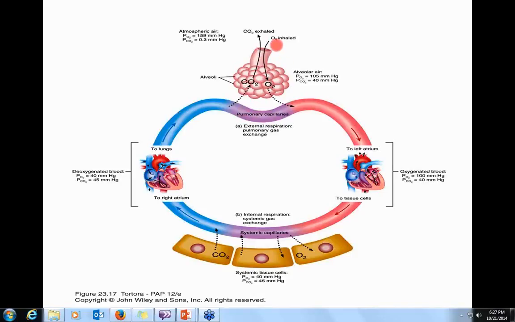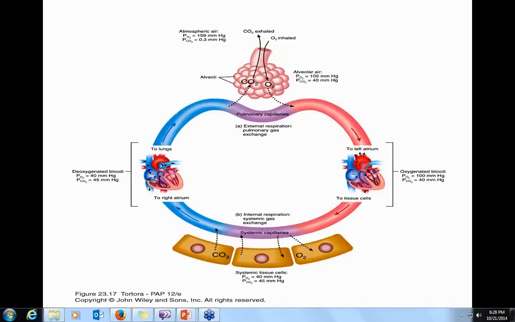So external respiration occurs in the pulmonary circuit. The pulmonary circuit refers to blood flow from the heart to the lung and from the lung back to the heart. In external respiration, oxygen will enter the blood and carbon dioxide leaves the blood.